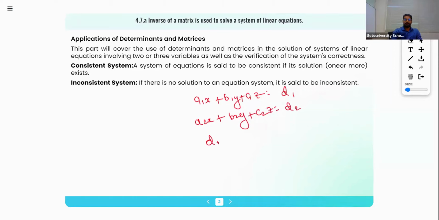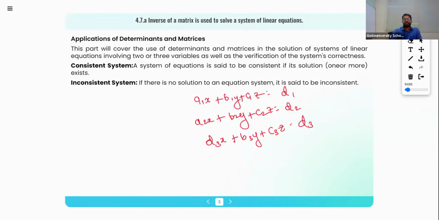If it is two variables, it's always easy for us to solve linearly, no doubt in that. But if there are more than two variables like x, y, z, it becomes tedious. That is where we bring in matrices and determinants so that we can make the problem easy to solve.